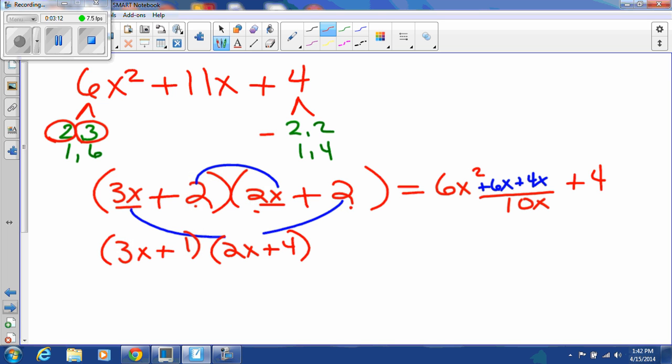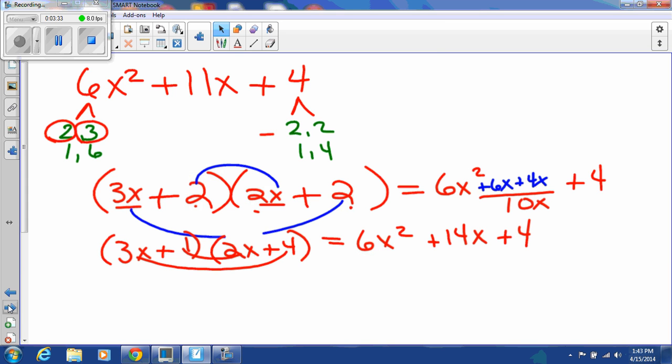This time when I multiply using FOIL, I get 6x squared, and 3 times 4 is 12, plus 2x is 14x. I still do not have the correct middle term. I'm going to keep the 1 and the 4, but I think I'll switch places. Instead of 3x plus 1, I'll put 3x plus 4, and instead of 2x plus 4, I'll put 2x plus 1.